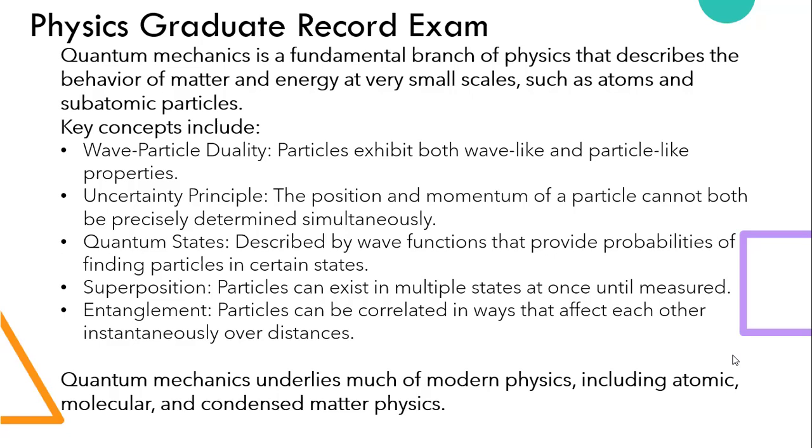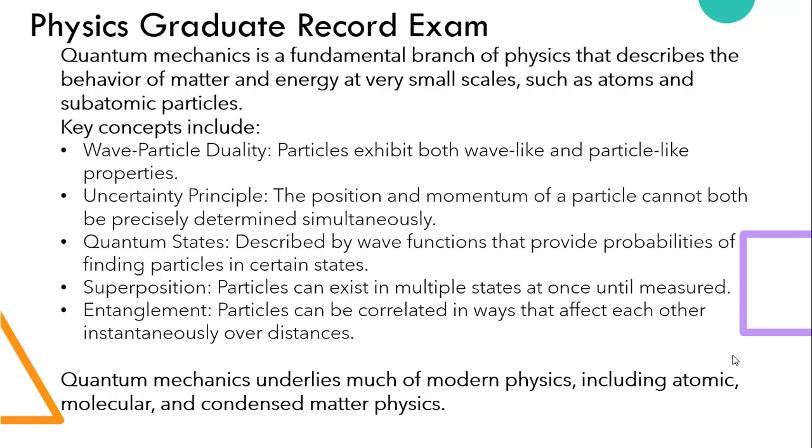Another big part of the Graduate Record Exam is quantum mechanics. This is a field of physics that describes the behavior of matter at a very small scale, such as atoms and subatomic particles. Many of you might know that an atom consists of protons and neutrons and electrons.